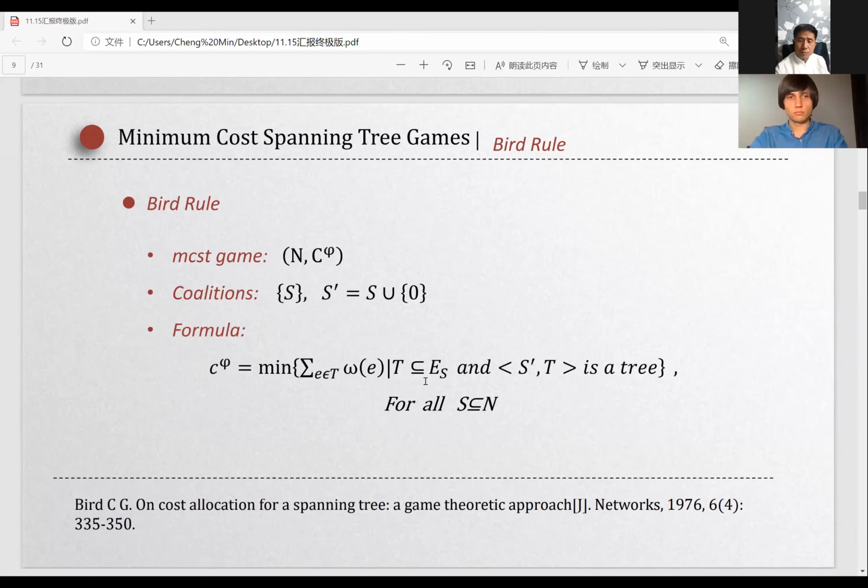The players are the agents, and the worth of a coalition S is the minimal cost of a tree on S', like this. This formula holds for all S. Bird also proposed a cost allocation rule for the minimal cost spanning tree problem, which he calls the tree allocation rule, because it associates a cost allocation to every minimal cost spanning tree of the minimal cost spanning tree problem.